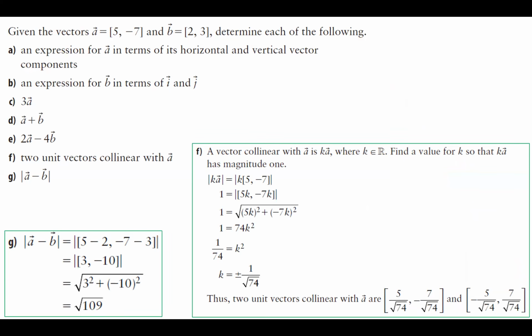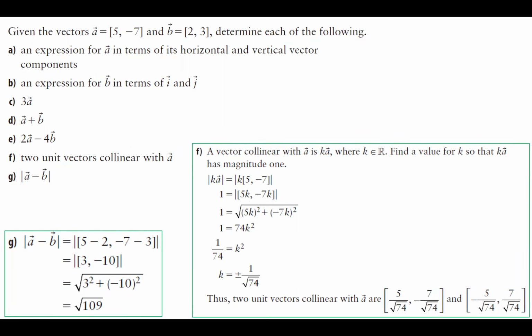Question F. A vector collinear with vector A is kA, right, where k belongs to the real numbers. So we can find a value for k such that kA has magnitude 1. The magnitude of kA is the magnitude of k times (5, -7), and that should equal 1.